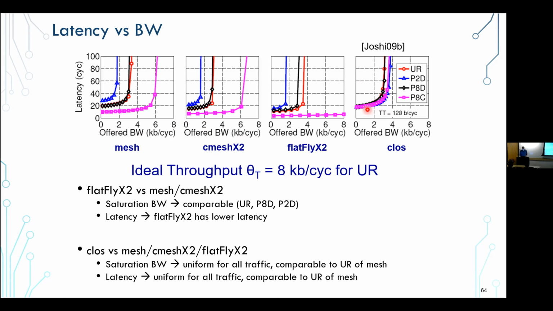And then the claw, it averages out things. This is the phenomenon I've been talking about. You see that in the best case, mesh can do better. But that best case is a local pattern, which is P8C. So it's a local communication within one group of 8. But the moment you go to uniform random, you're basically at 20. Okay, claw is the same.